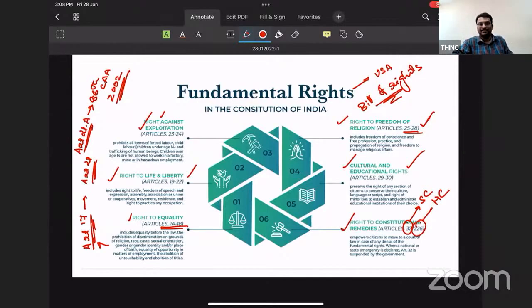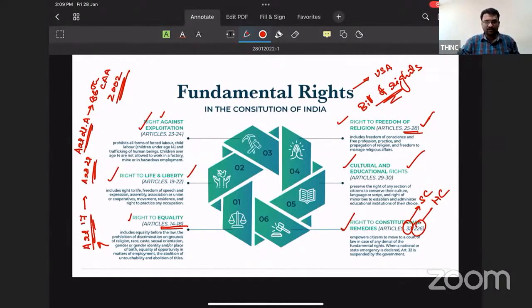In a similar way, there are mandamus, certiorari, and prohibition, and quo warranto. So there are five writs: habeas corpus, mandamus, prohibition, certiorari, and quo warranto.